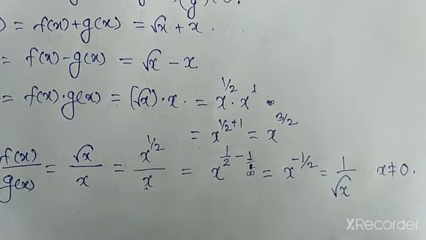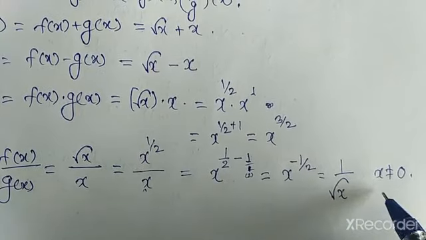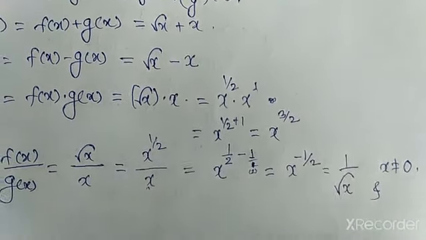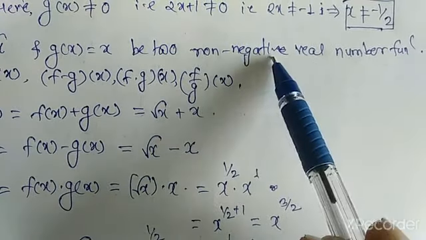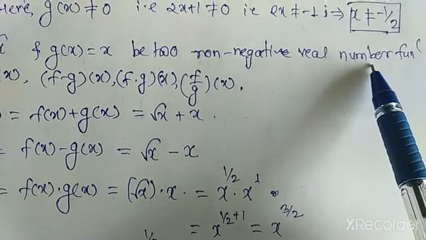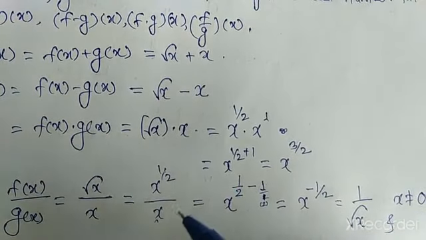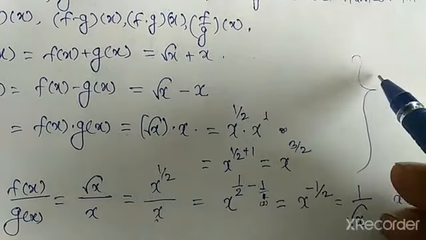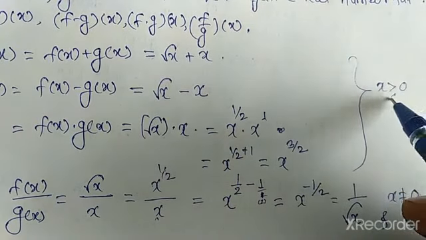Here x is not equal to 0, and in the question it is given that the domain is non-negative real numbers. So for all these conditions we have to consider x greater than or equal to 0.